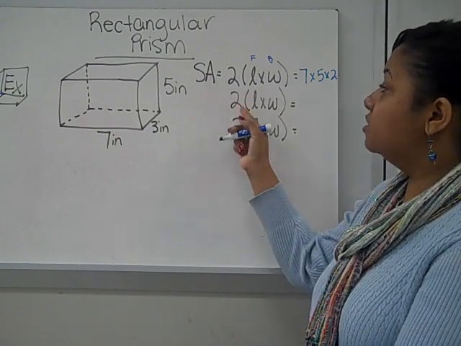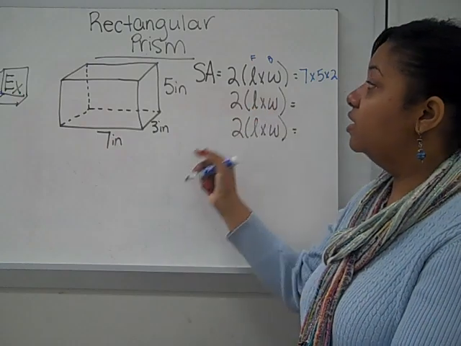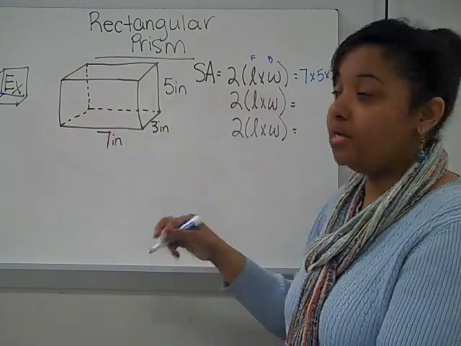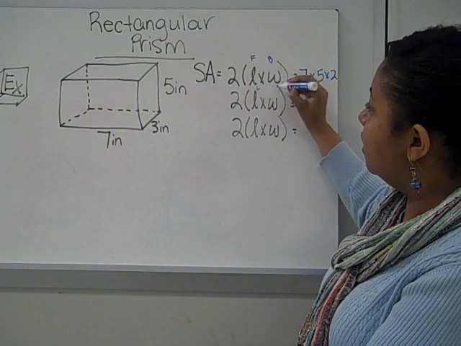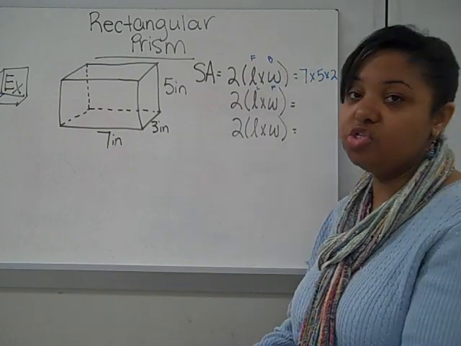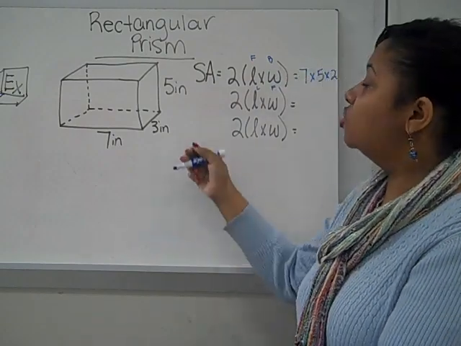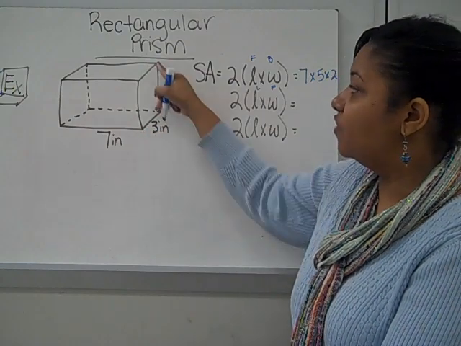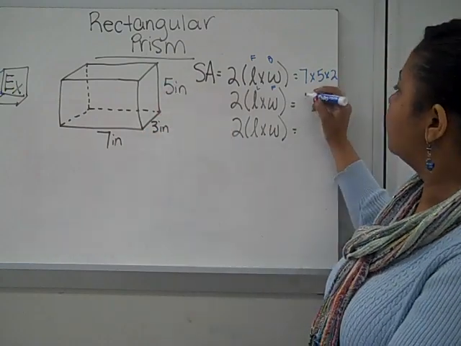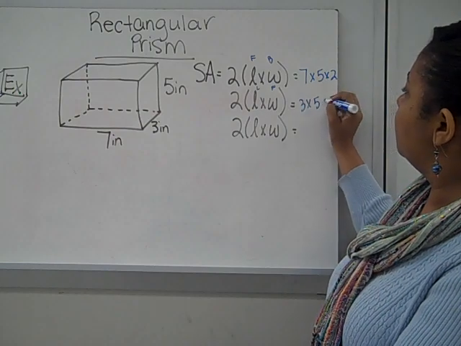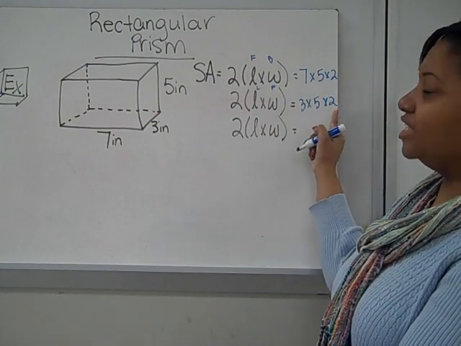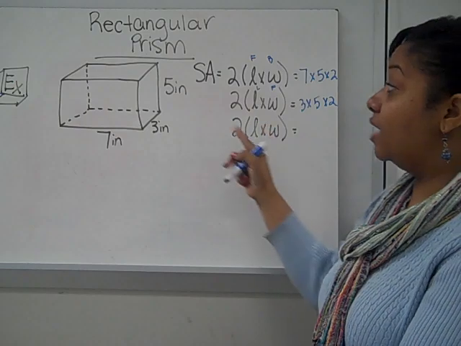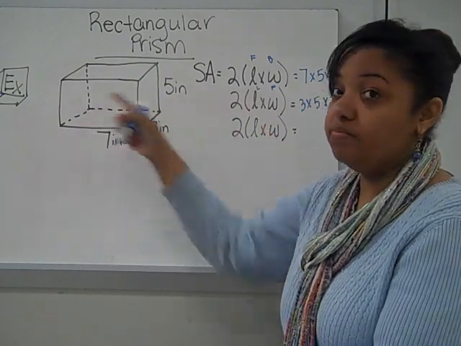Then the next 2 times length times width, that is your left and right. So if it helps, put a little L and a little R there so you'll know that's your left and right sides. So your left and right side, your length is 3, your width is 5. So it's a 3 by 5. And I'm going to put the times 2 there so that I'm recognizing it's left and right.